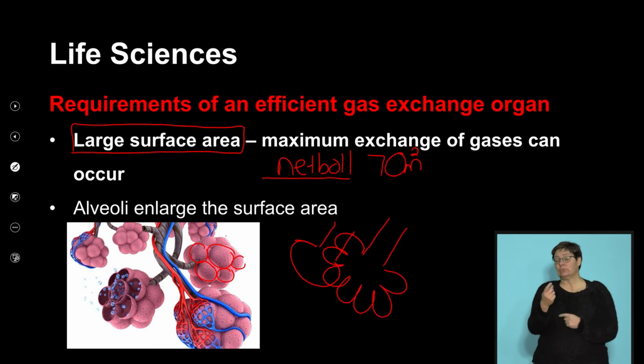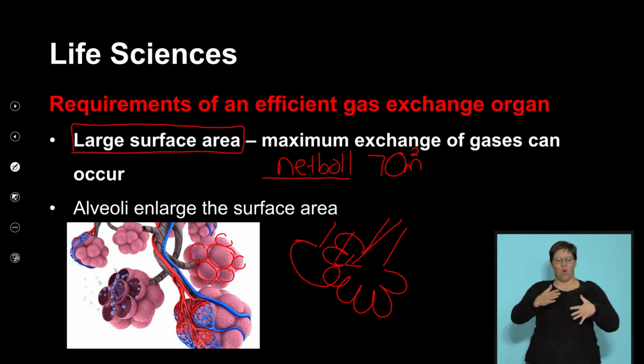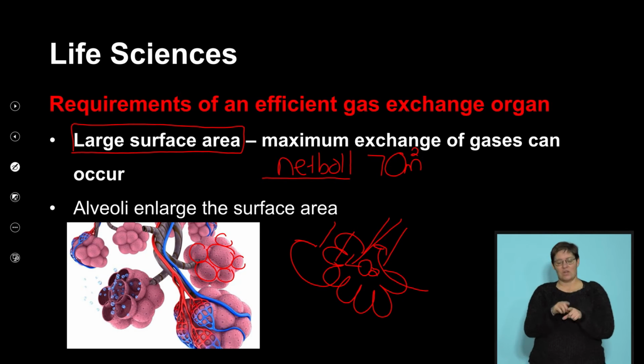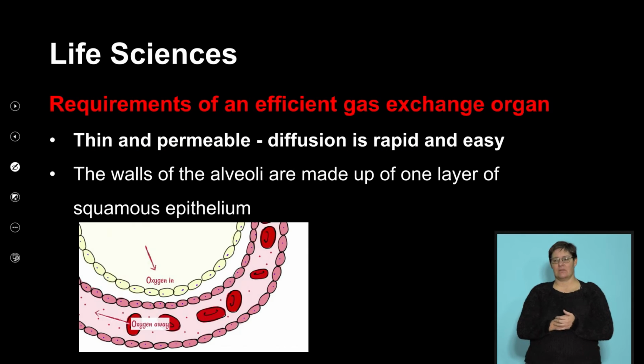And what that does is it increases the surface area. What does increased surface area mean? Guys, very simply, it means I can get more oxygen into my lungs, and I can also get more carbon dioxide out. The next one is thin and permeable, a very important part here.